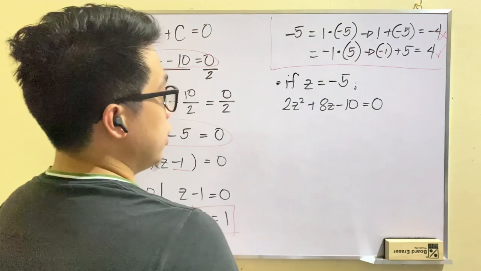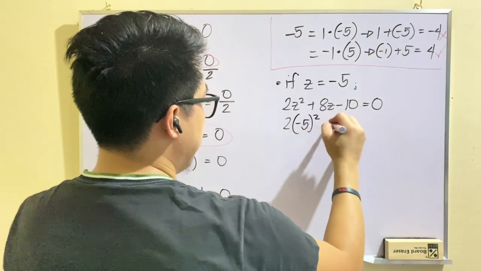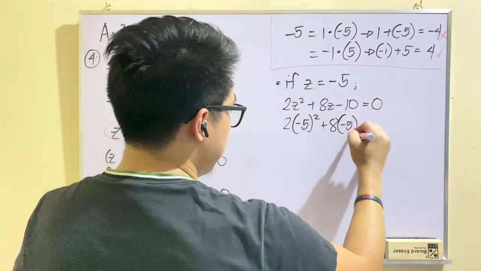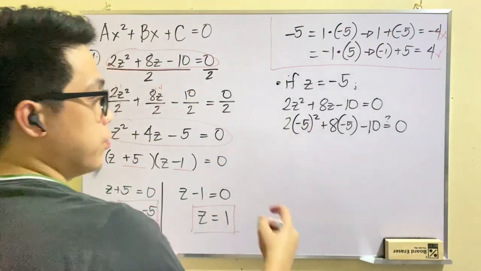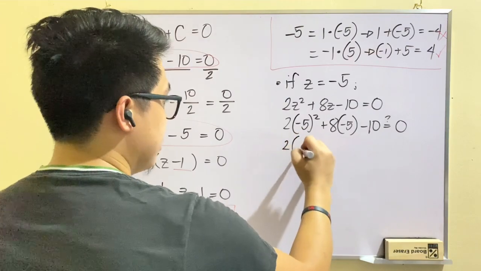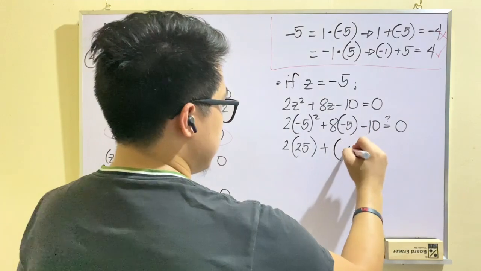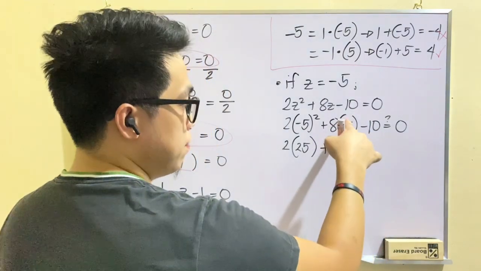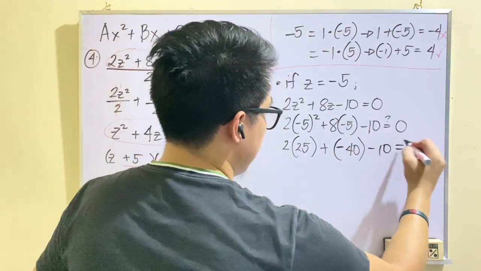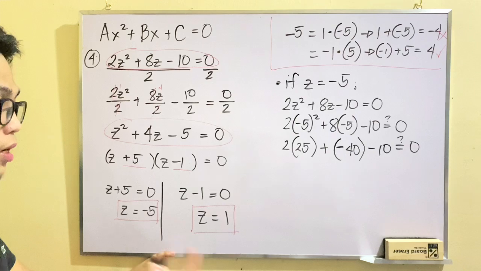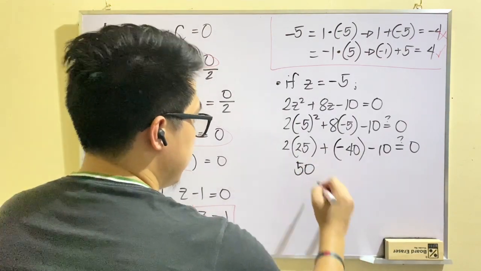Okay, substituting the value of z, 2 times negative 5 squared plus 8 times negative 5 minus 10 is it equal to 0. 5 squared or negative 5 squared rather is 25 plus 8 times 5 is 40 but positive times negative is negative minus 10 is it equal to 0. Next, 2 times 25, dalawang 25 is 50.